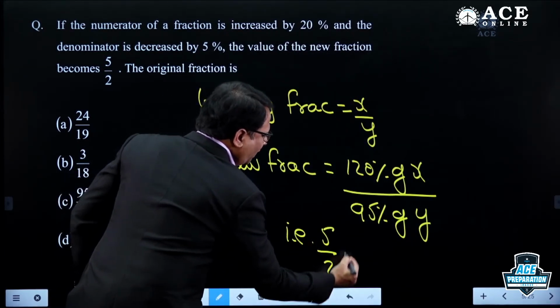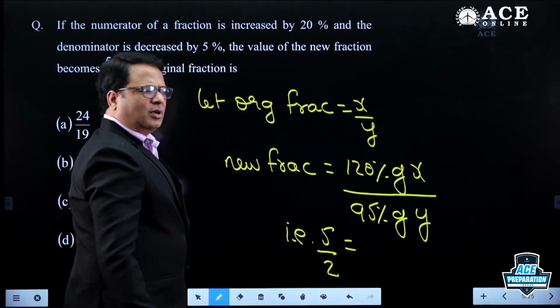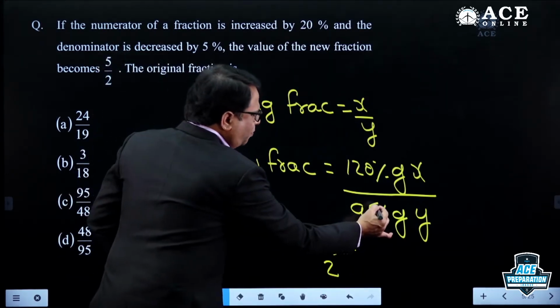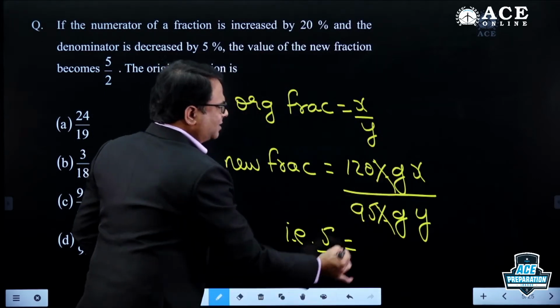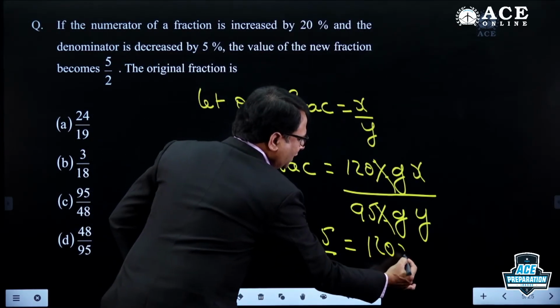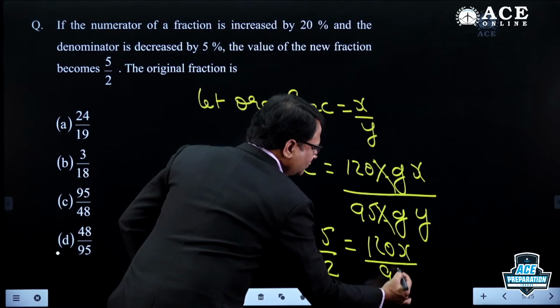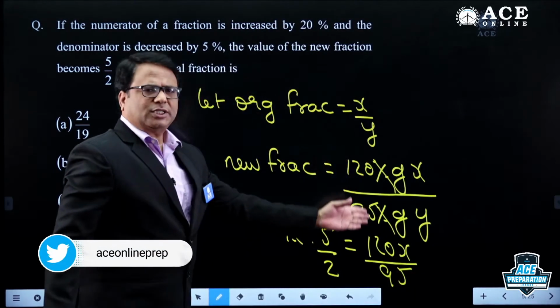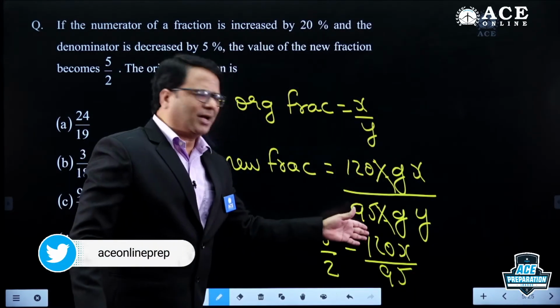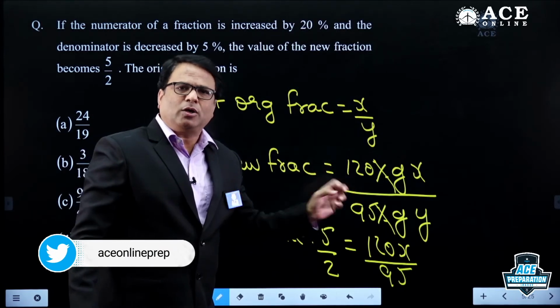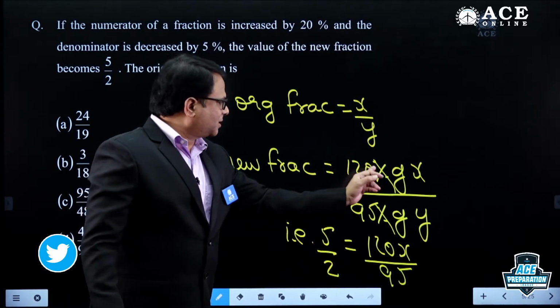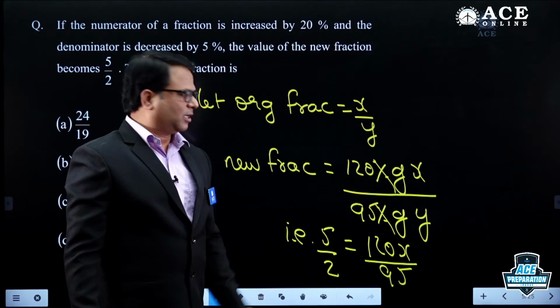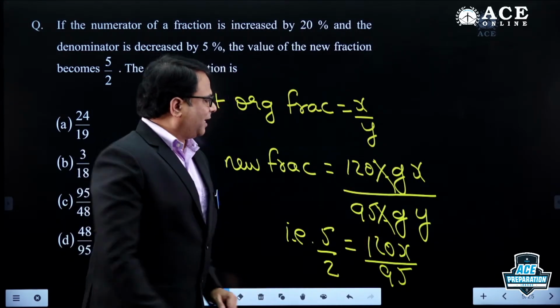Now, here, this percentage gets cancelled. Then you get 120x by 95y. You need not write by 100; even if you write by 100, automatically it gets cancelled.